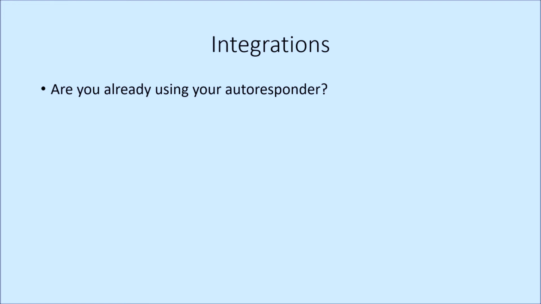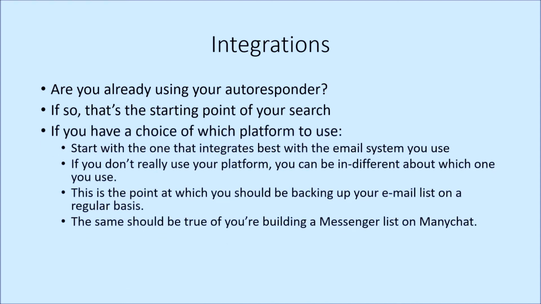You don't need to give that up to switch to use tools. If you are already emailing your list, you need to keep that in place. That needs to be something that you do not change. And if you have a choice of which platform to use, you want to start with the one that integrates best with the email system that you use.